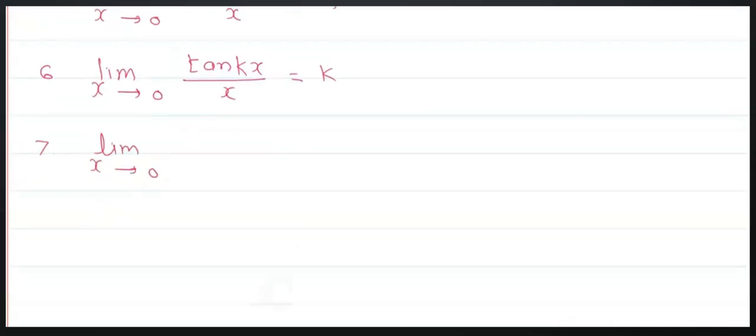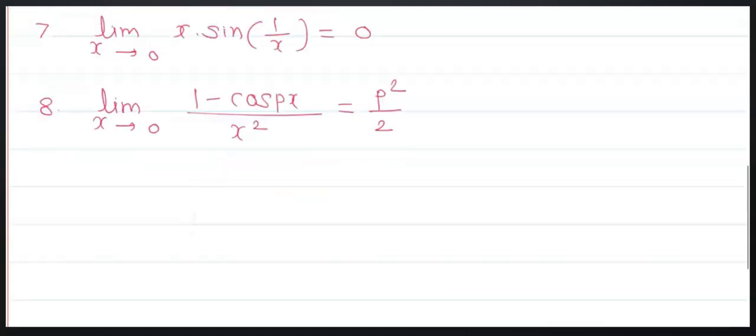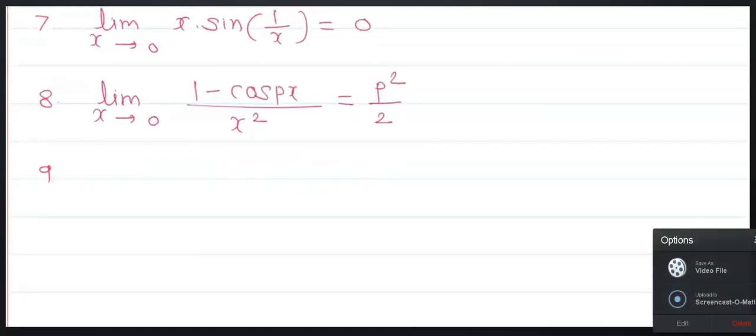Limit x tends to 0, x into sin of 1 upon x is equal to 0. Limit x tends to 0, 1 minus cos px upon x square is equal to p square upon 2.